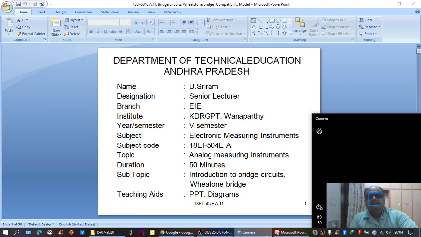In today's class, I am going to explain about bridge circuits, what bridge circuits are, what the condition for bridge balance is, how the condition for bridge balance can be obtained, and then one DC bridge circuit, that is the Wheatstone bridge.